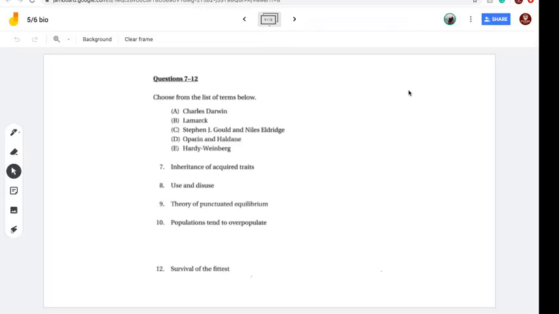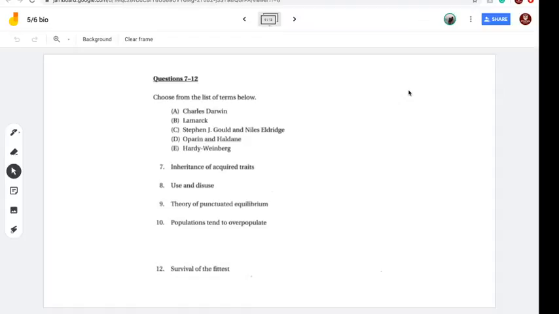Through questions 7 to 12, we have to choose from the list of terms below. So you guys can solve number 7. I'll give you guys a couple of seconds to solve that. Inheritance of acquired traits is related to Lamarck's theory of evolution.